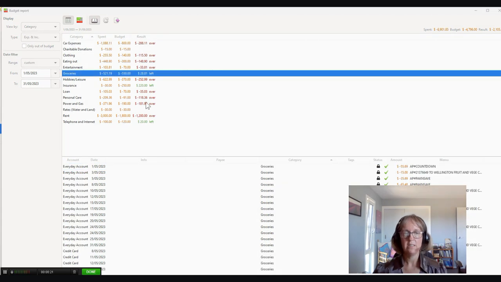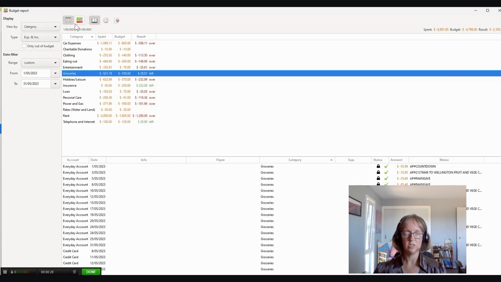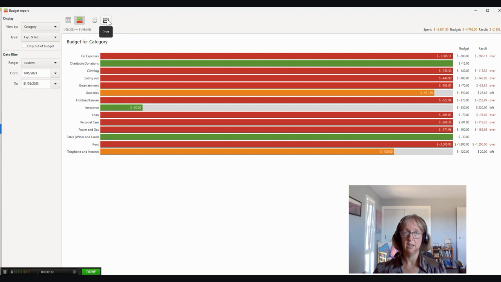So that is how you do the budget report. You can have the visual or you can have the table. It's entirely up to you. You can also print it out. So if you're wanting to give yourself a bit of a boost, absolutely celebrate your successes, especially when you can see the amount of money that you're saving over time.